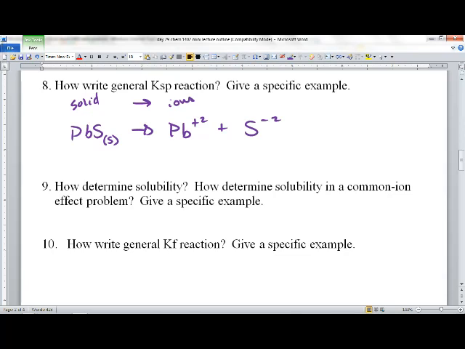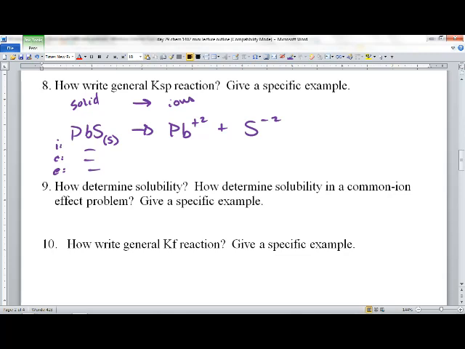How do you get solubility? Nick? In ICE. Find the X in ICE. You write the Ksp reaction, and solubility is the X in ICE. When you go through all that work, what are the units that X is going to come out in? It's big M, which is moles over liters.